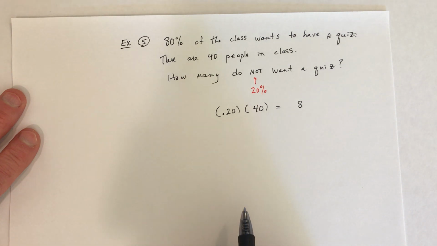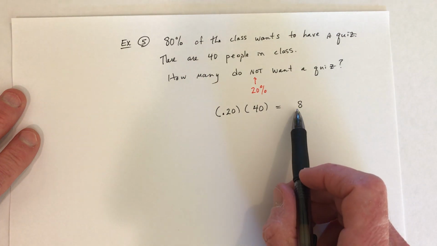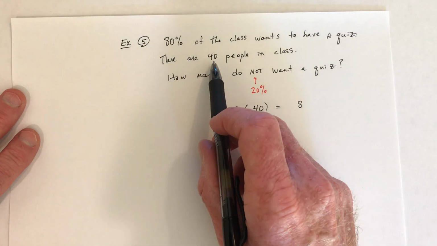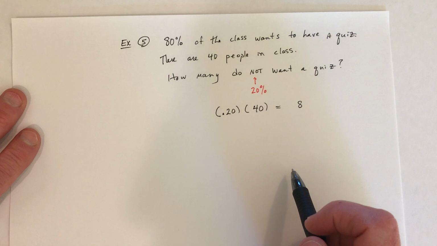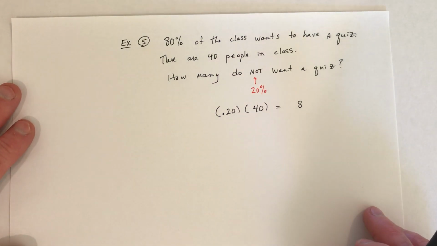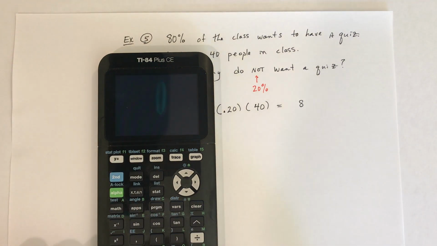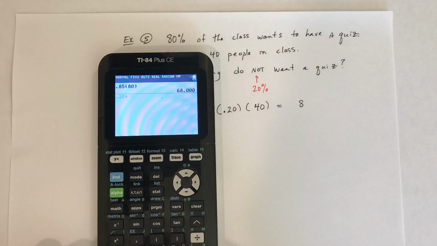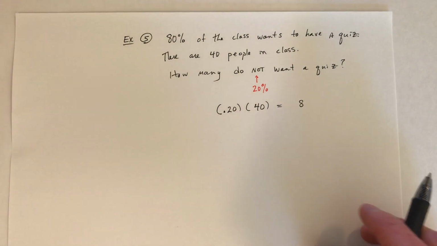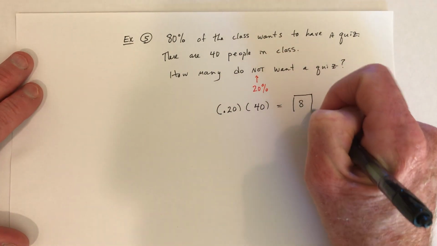And then I would have to decide what to do with the decimal. But it seems to me like 8 out of 40, that is probably the answer. So I'm just using sort of logic and estimating. Let me see if I got it right. 0.20 times 40. Yes, that equals 8. So 8 people do not want to have a quiz.